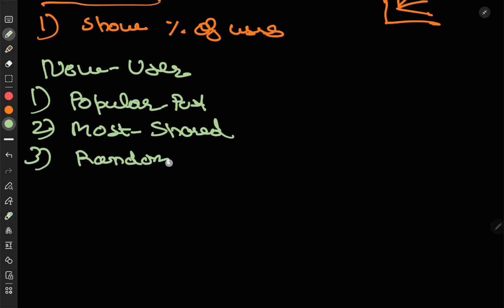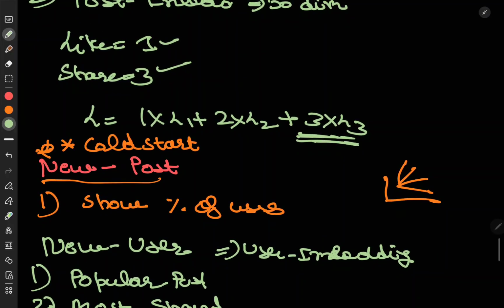Now how is this going to help us? Once the user likes, clicks, comments, shares or hides any post, every other day we are going to retrain our model. So the user embedding is going to be formulated, and we will know that okay, this user likes such content. So this is how we are going to solve the cold start problem.